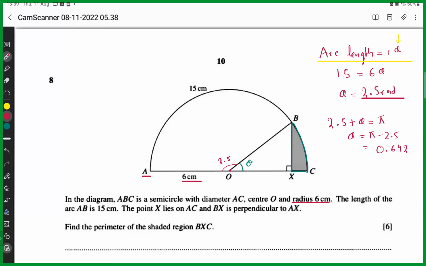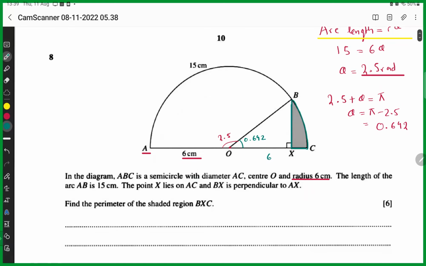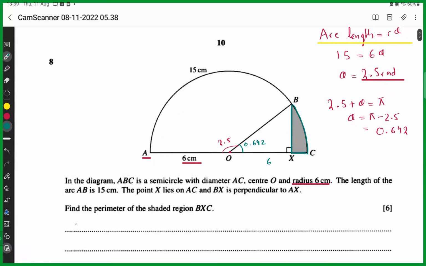Now when you have the angle and when you have the radius that was 6 centimeters, you can easily find the arc length BC. Okay, so let's do it here. This arc is basically going to be theta. Let me just write it down this way.